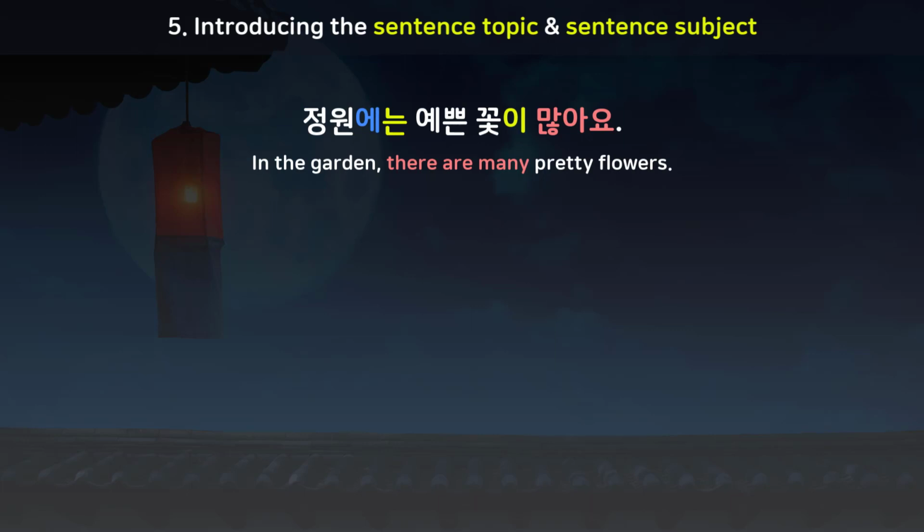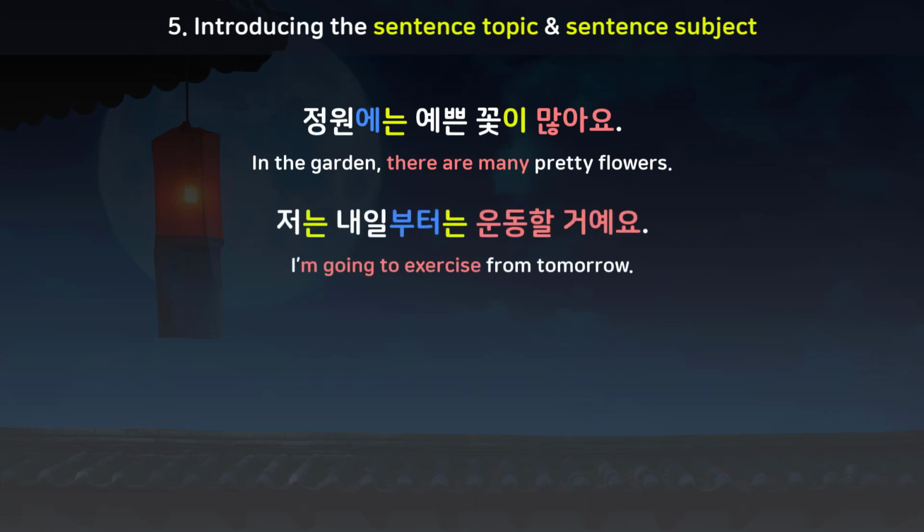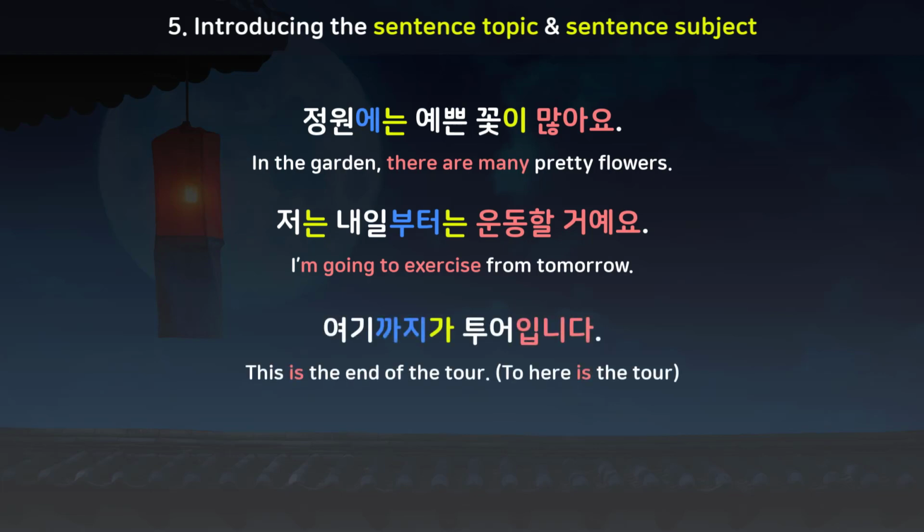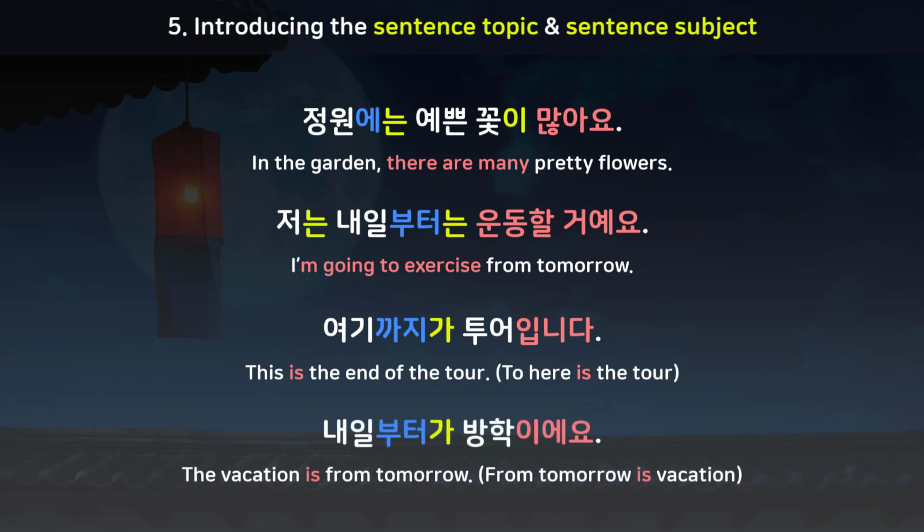정원에는 예쁜 꽃이 많아요. In the garden, there are many pretty flowers. 저는 내일부터는 운동할 거예요. I'm going to exercise from tomorrow. 여기까지가 투어입니다. This is the end of the tour. 내일부터가 방학이에요. The vacation is from tomorrow.